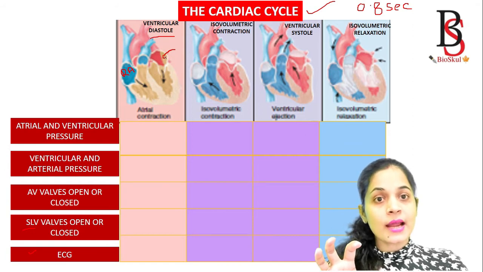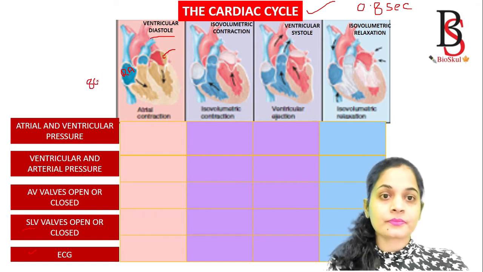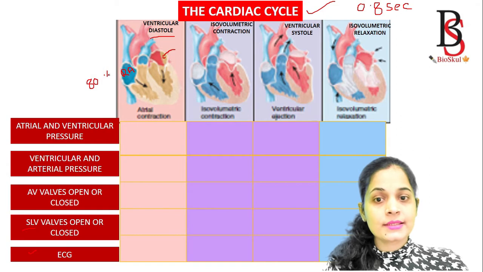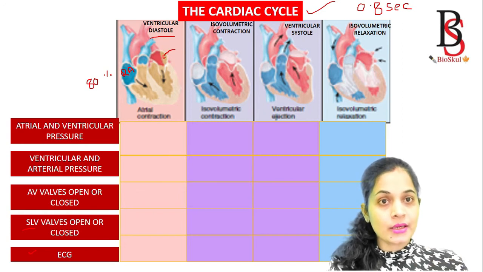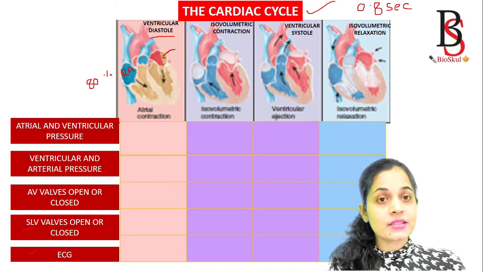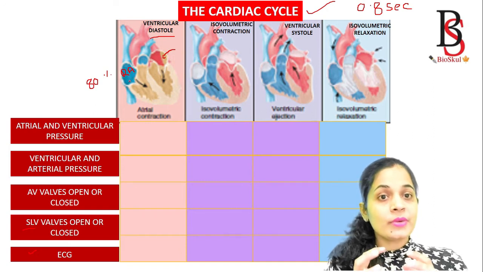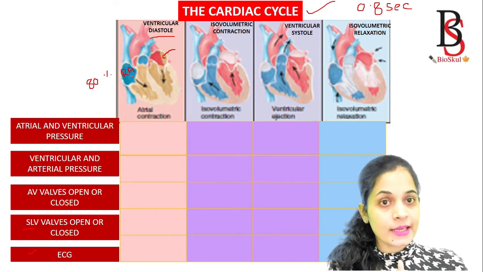Then from the right atrium and the left atrium, the blood enters the respective ventricles. Around 80% of the blood flows from each atrium to the ventricle passively, which means the atrium is not in a contracted stage.